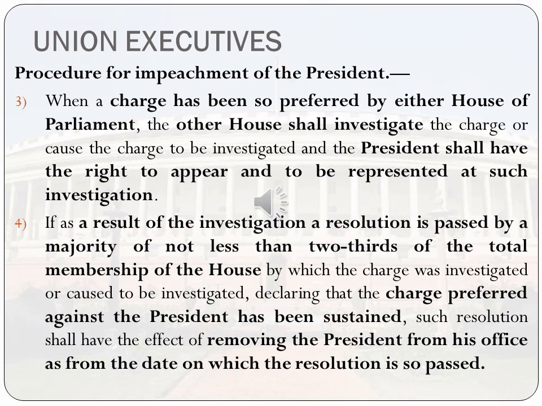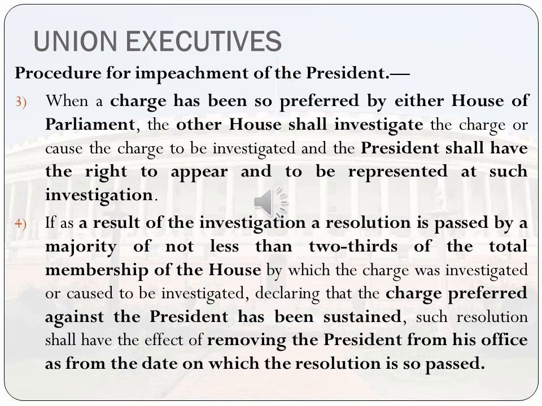So when the charge is introduced in the House of the Parliament and it is preferred by one-fourth of the strength of the Parliament and approved and passed by two-thirds of the strength of the Parliament, in such cases the other house shall investigate.